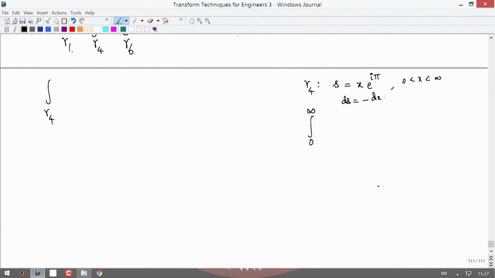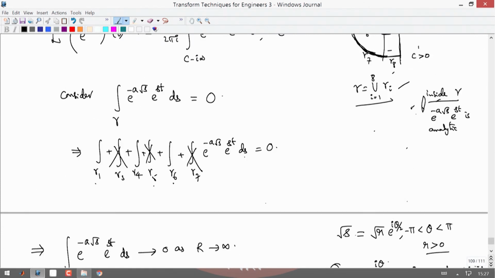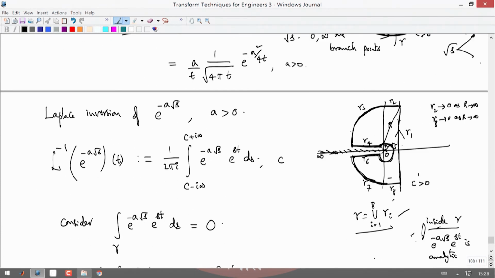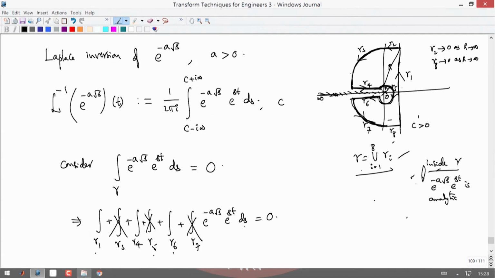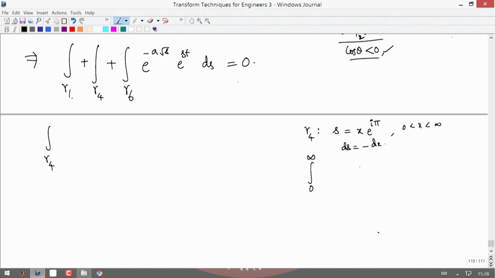If you look at this direction, gamma 3 is gone, and gamma 4 is coming from this side, and it goes like this. So, gamma 4 is coming from infinity to 0, so the 0 to infinity integral is minus of gamma 4.